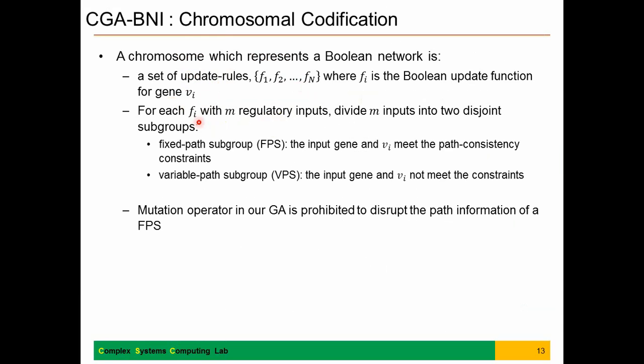And for Fi with m input, we define two subgroups. The first subgroup if the input set and Vi meet the path consistency. And the second subgroup if the input set and Vi do not meet the constraint. So the mutation of balance in our GDI is the ability to disrupt the path information of the first subgroup.